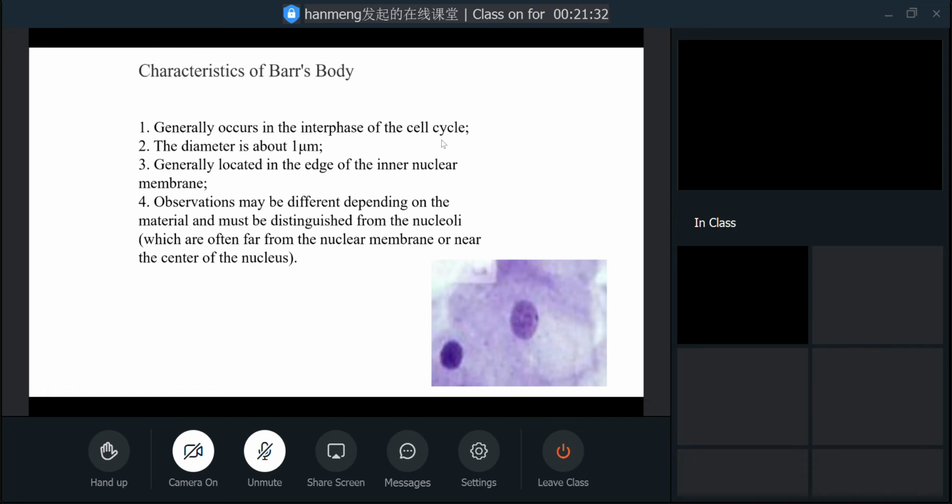According to scientific results, about 1/3, that is about 30%, of the female cells will show the Barr body, and the diameter is about 1 micrometer.